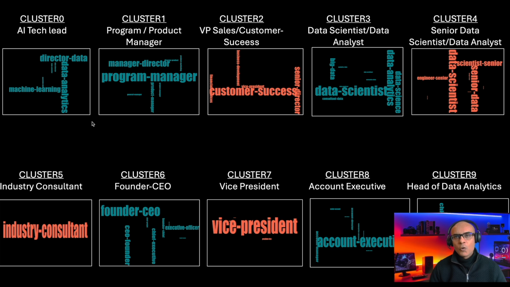Cluster 1 corresponds to product manager, cluster 2 is VP sales, cluster 3 is data scientist, data analyst, cluster 4 is senior data scientist, senior data analyst, cluster 6 is founder CEO as we already saw, cluster 7 is vice president, cluster 8 is sales account executive and cluster 9 is head of data analytics.